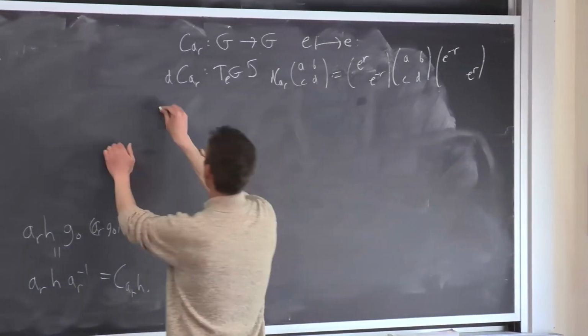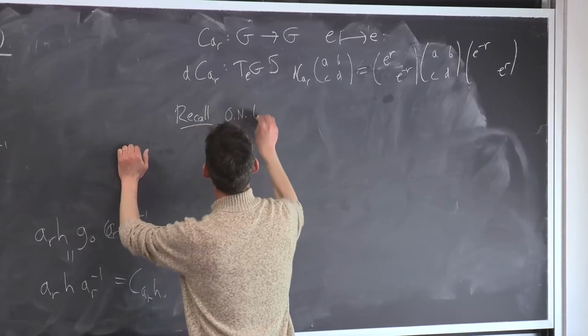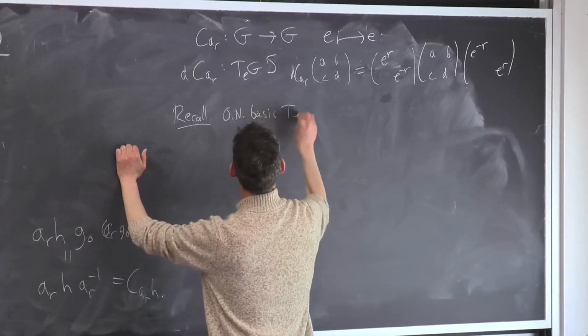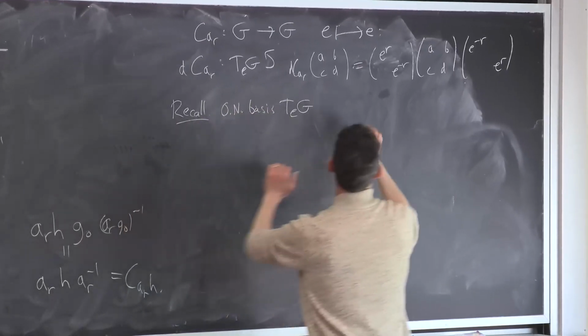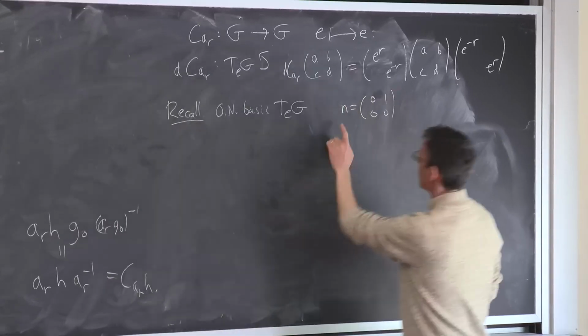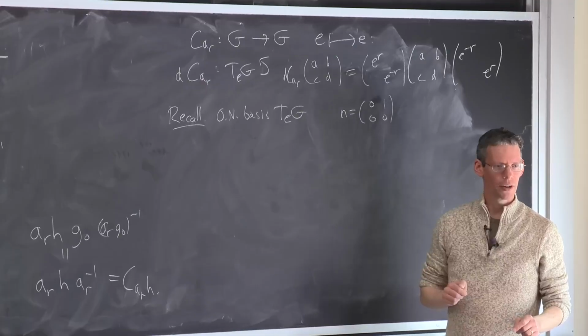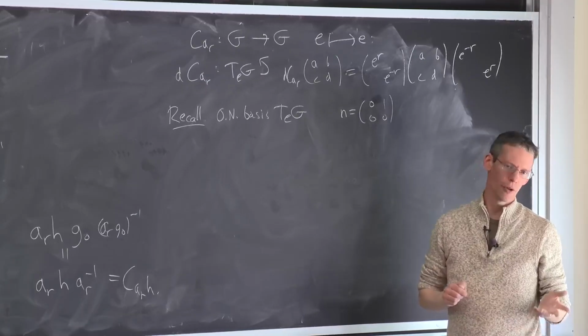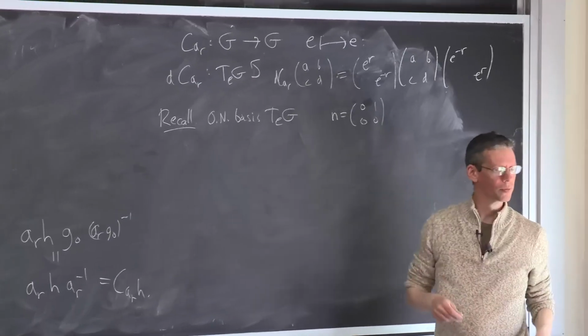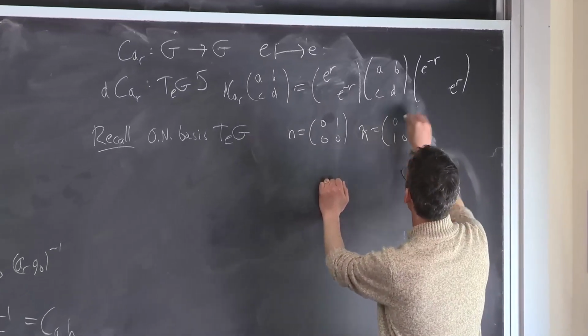So recall from last time that we have an orthonormal basis of the tangent space at the identity. There's a basis vector n, (0 1; 0 0). Last time I called this U, but there were so many U's on the blackboard that I was worried it was not a great idea, so I'm going to call it n for nilpotent, which is also true. There's ñ, (0 0; 1 0).